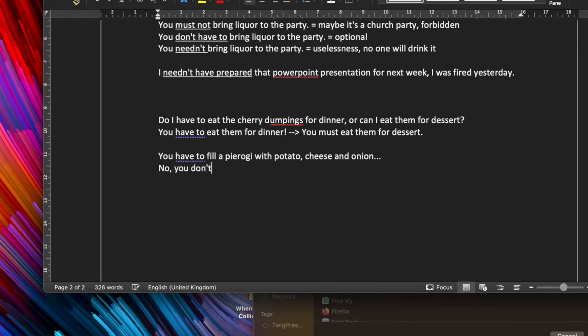So there's more than one way. It's optional, right? The potato, cheese, and onion are optional. You could do other things. So this is as you're giving people advice, this happens. So please explain to people that you gave me a must with these cherry dumplings. But if you make another recipe, don't have to is a way of giving people options.